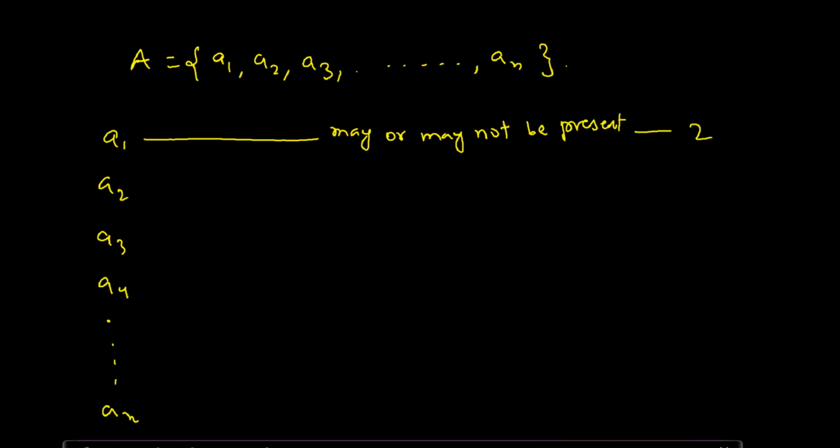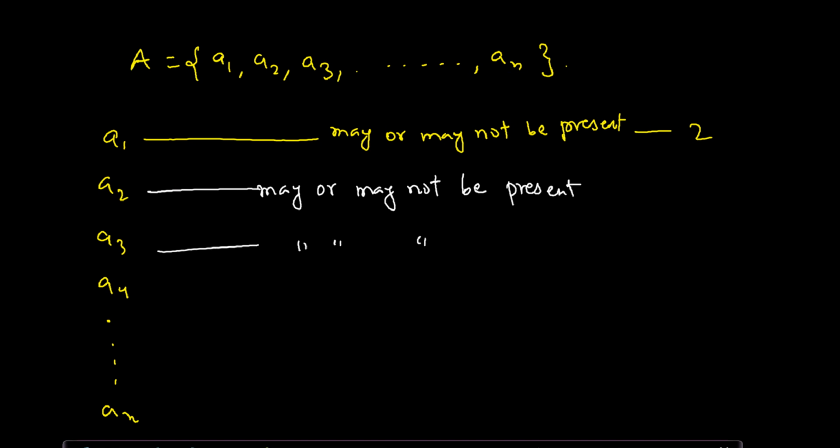In a subset of a set A, you may have A1 in the subset, or you may not have A1 in the subset. Similarly, A2 may or may not be present. A3 may or may not be present.